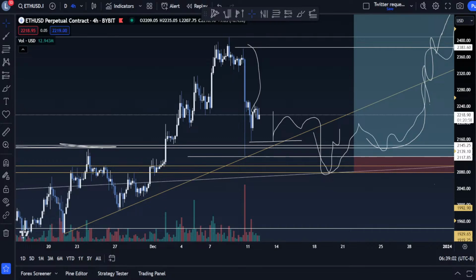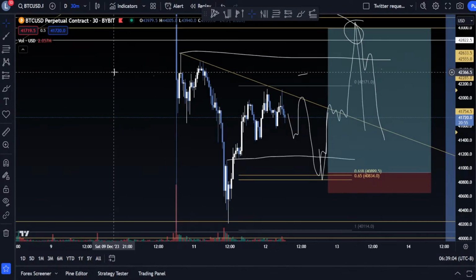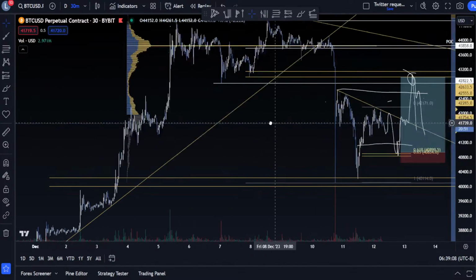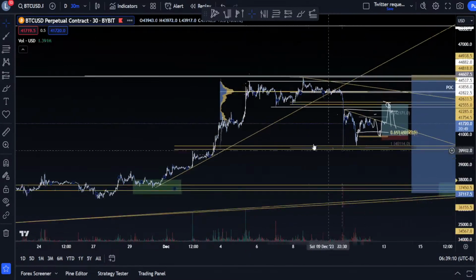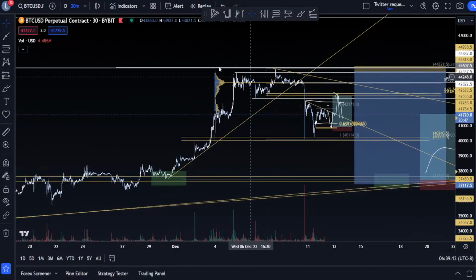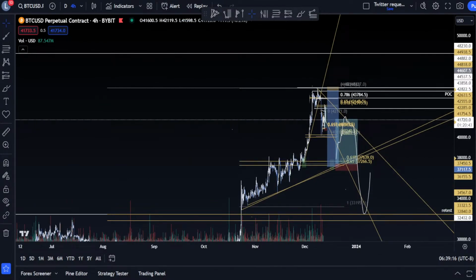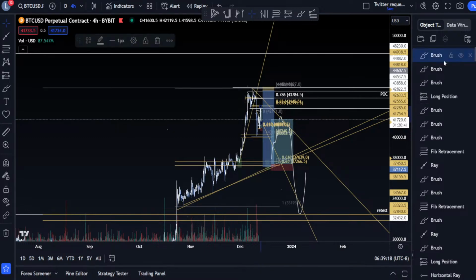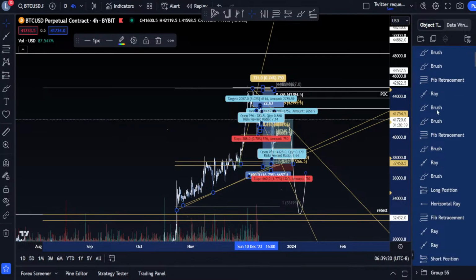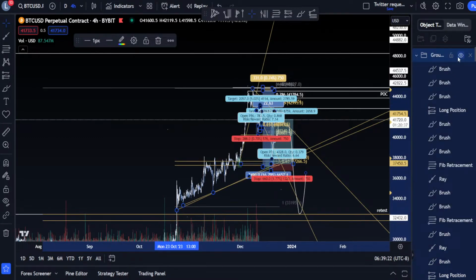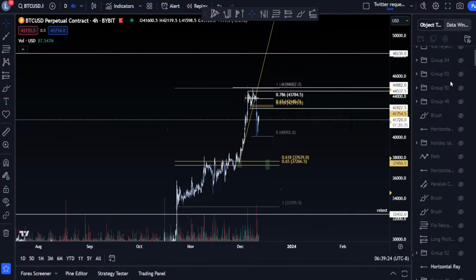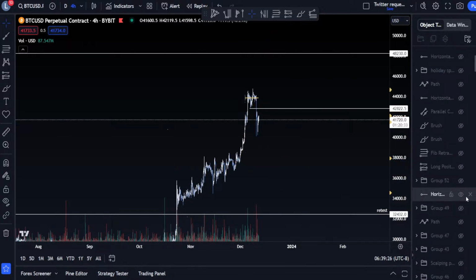Yeah, well, I think I've kind of established the primary ideas here. I see no reason, like, let me just clear the charts here on Bitcoin. Let's just get a quick, clean perspective. Let's turn off a bunch of stuff.